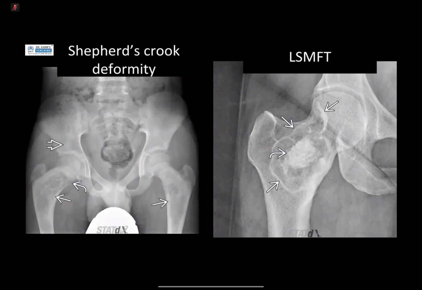So the lesion on the right used to be called a liposclerosing myxofibrous tumor. It's now thought to be on the spectrum of fibrous dysplasia. Just be aware that those lesions tend to occur as an intertrochanteric or femoral neck lesion, and you can see that densely sclerotic focus centrally, and they tend to be a little bit more well-defined with the sclerotic margin. You can see the differences with the two images side by side there.